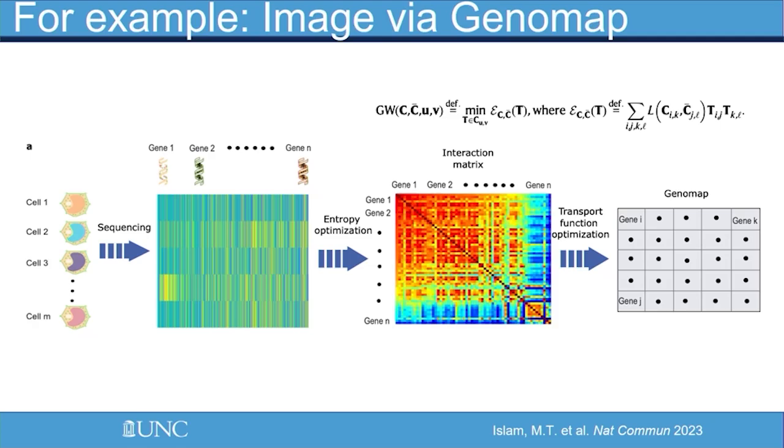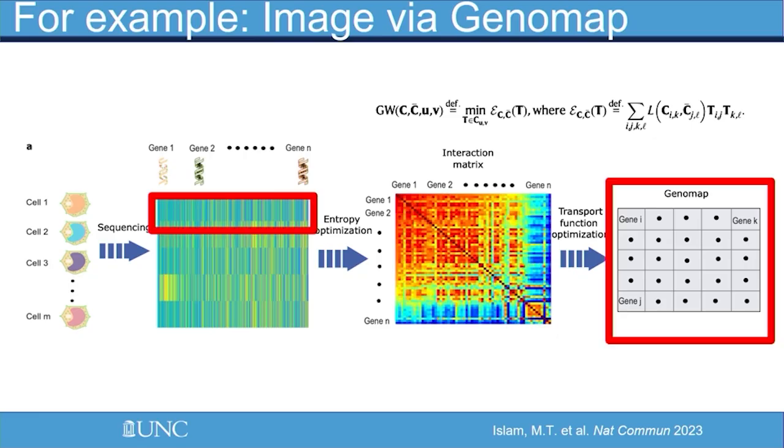The method actually was initially developed for single-cell RNA-seq data. So you have each row as a cell and each column as a gene. But what this method does is it first constructs a gene-by-gene interaction matrix using the profiles from all the single cells. So basically, they rank the genes in the same order across all the cells.